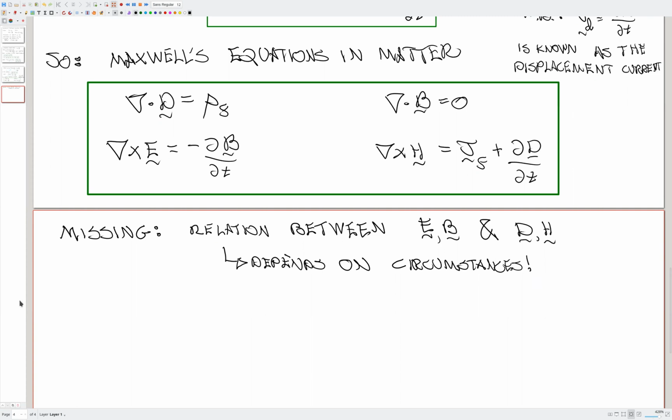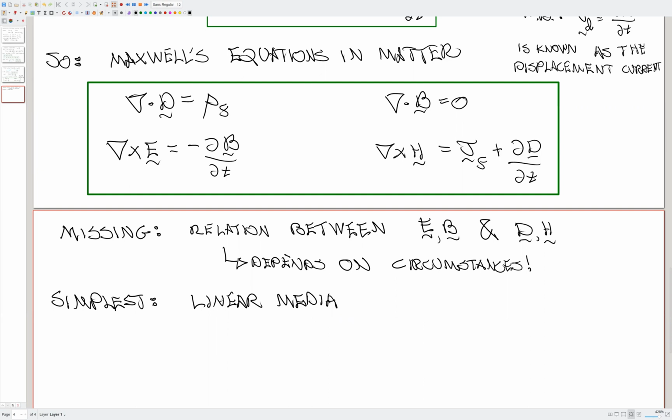There's a very simple case, what we've called linear media. And you remember what that was? This was matter in which the polarization was proportional to and in the direction of the applied electric field, and the magnetization was proportional to and in the direction of the applied magnetic field.